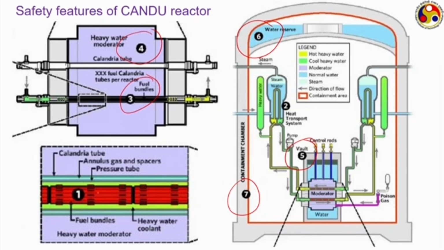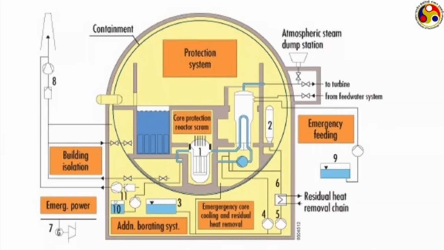Here this is the fuel pellet which provides the first layer of barrier. This is another diagram for another reactor. You can see there is an additional borating system which can provide additional boron to reduce the reactivity inside the core. We have this emergency core cooling system and residual heat removal.